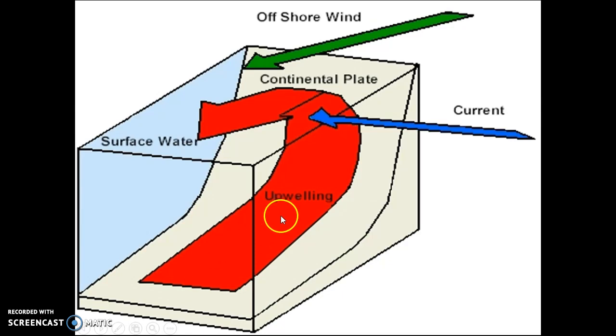We've got this deep current here, and it starts to run into some land. This causes the water to rise, and then it starts to flow a little bit closer to the surface of the water. As it does, it brings nutrients up with it, which is great for fish, which is a lot of times why we see really good fishing near a continent or near the edge of a continent.